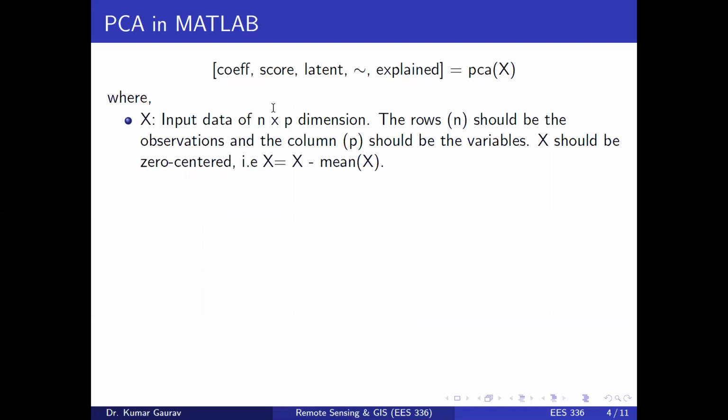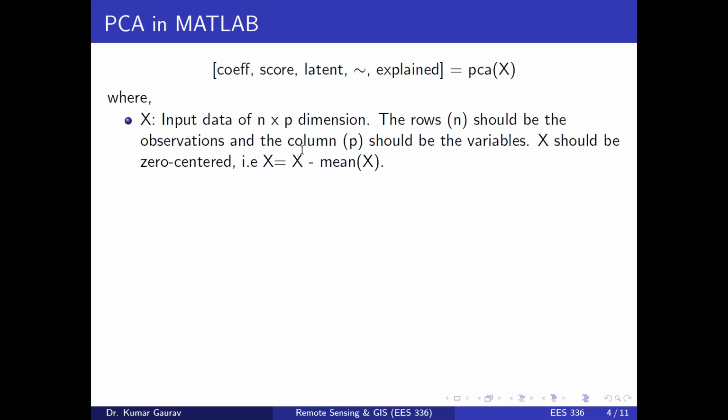We just write PCA of the data, and as I explained, you should have arranged the data in n cross p format, where n is the number of observations and p is the number of variables, and it should be data that is subtracted from the mean, so that all the variables present in x are at the same level. So the data part is clear, where x is the input data.